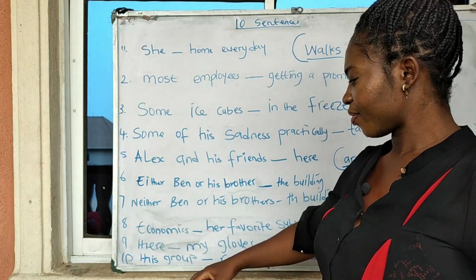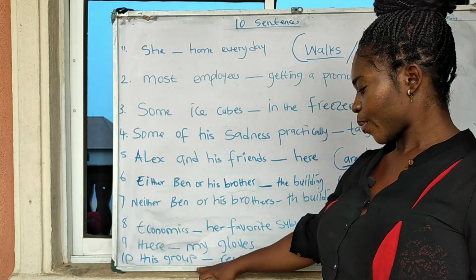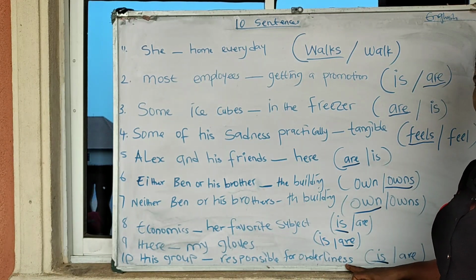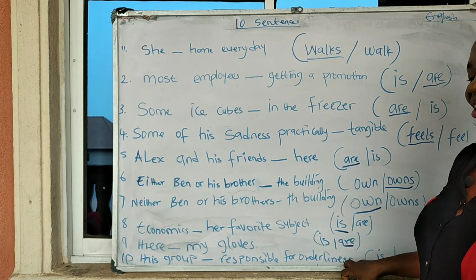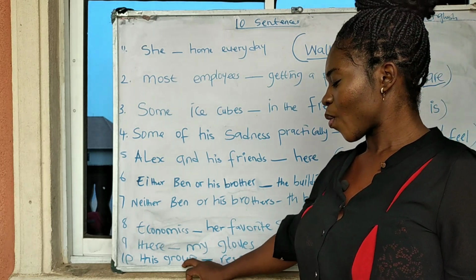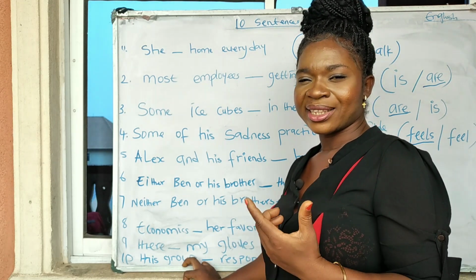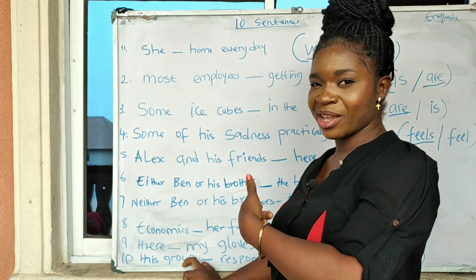So I have this number 10: This group dash responsible for orderliness. If this group was to be judged based on the people involved, it would be plural.